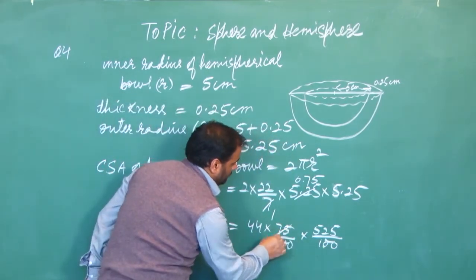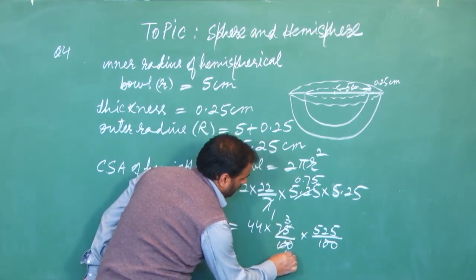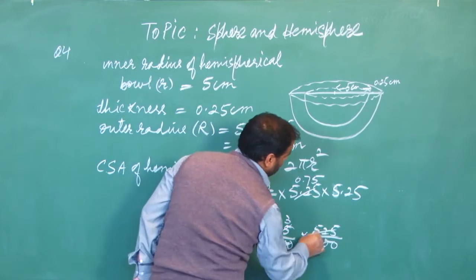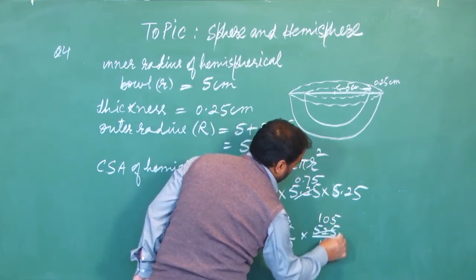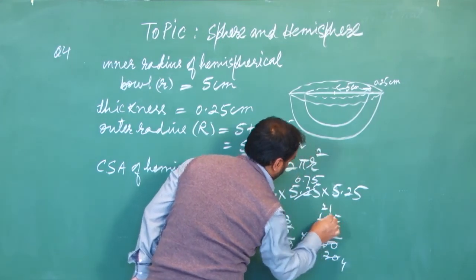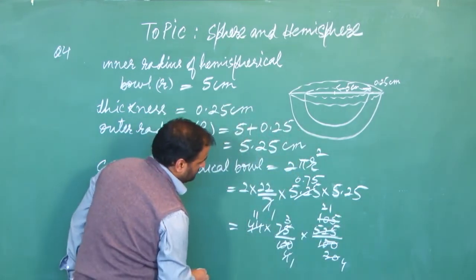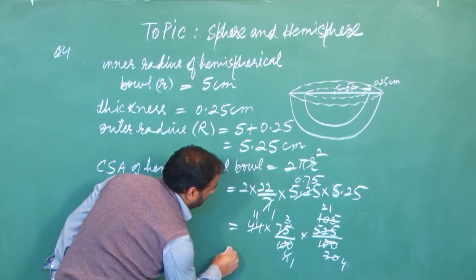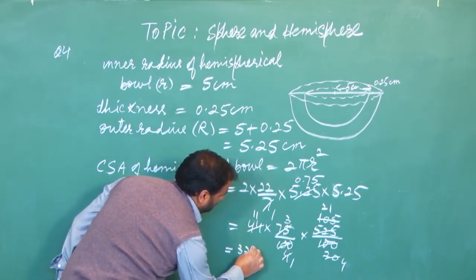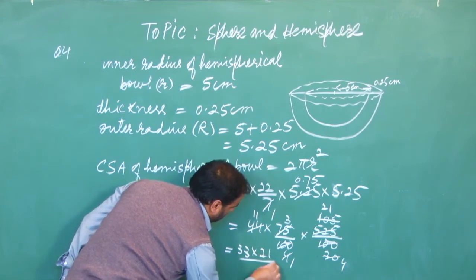Cancelling this, 25 3, 25 4, 4 1, 4 11. And this is 5 1, 5 5, 5 20, 5 4, 5 21. So, it becomes 11 into 3, 33 into 21 divided by 4.